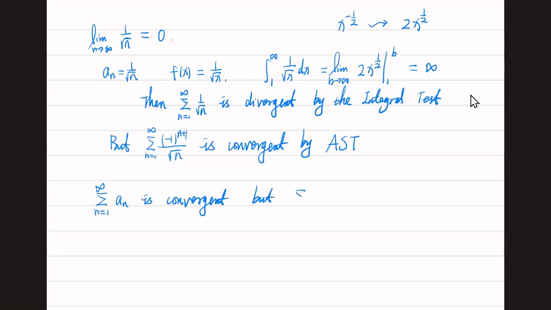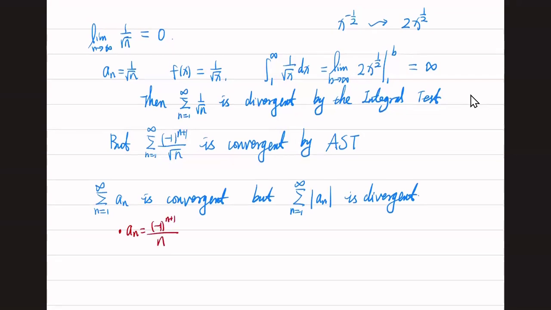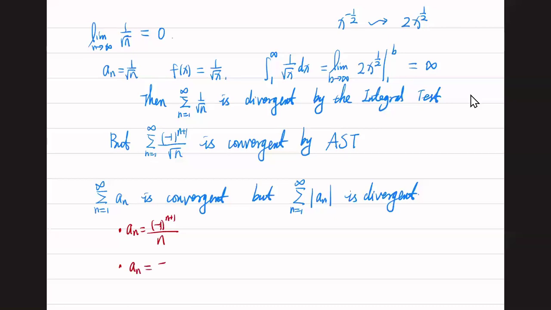If we take absolute value, okay, this applies to our alternating harmonic series. It also applies to our new series. So we want to distinguish them from the following.